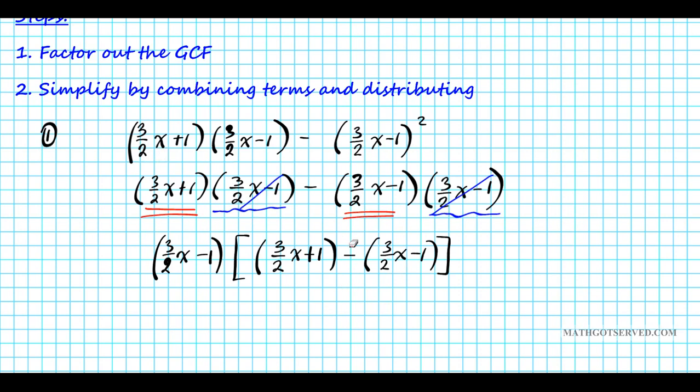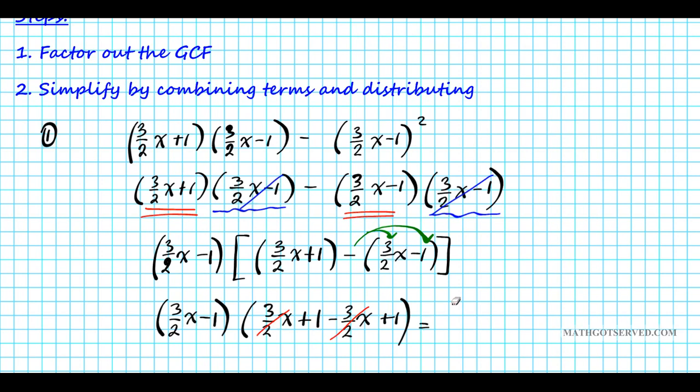First thing, do not forget to distribute this sign to both terms in this parenthesis, so 3 over 2x and negative 1 get an even distribution of the negative sign. So we have 3 over 2x minus 1 times 3 over 2x plus 1 minus 3 over 2x. Minus times minus is plus, so please be careful with that. Plus 1. Now, combining like terms, 3 over 2x minus 3 over 2x adds up to 0, and then 1 plus 1 is 2.